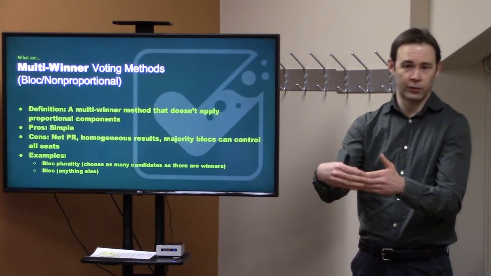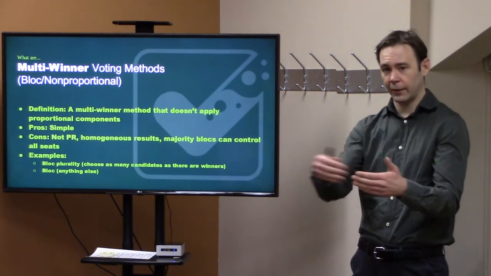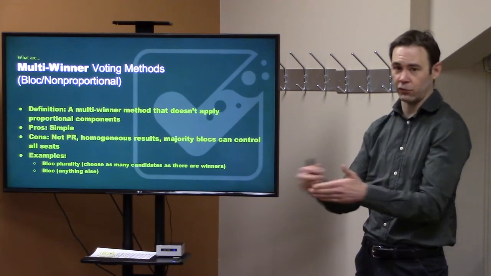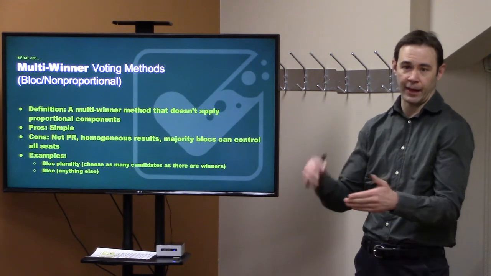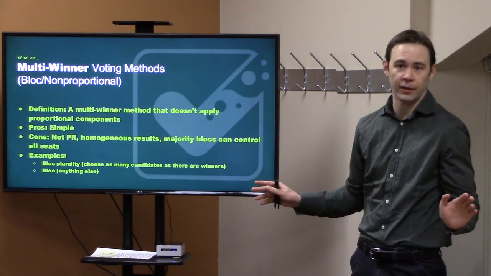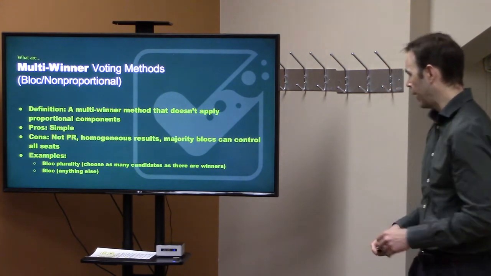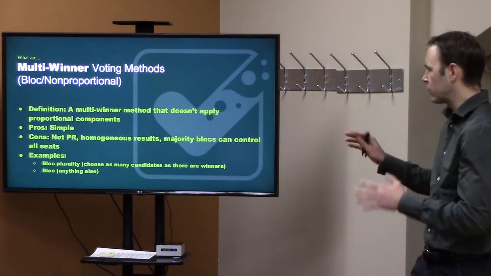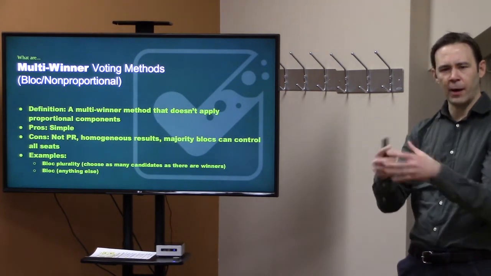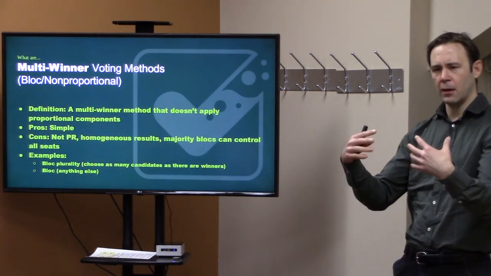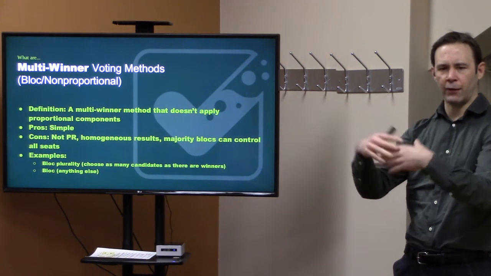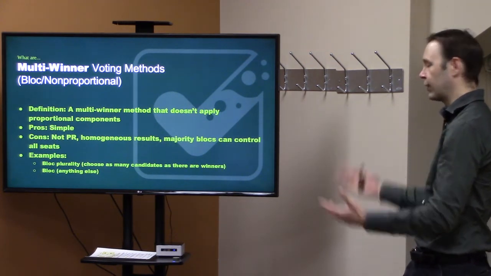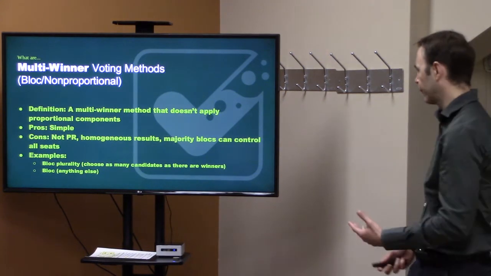So long as they have a coordinated vote, they can select all 7 of those seats and control that entire council. And that 40% just gets nothing. With some other voting methods, you may see a homogeneous block that is more geared around the center, potentially. But in any case, you don't see a lot of diversity with these outcomes.